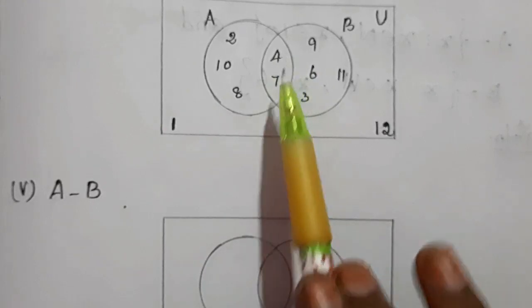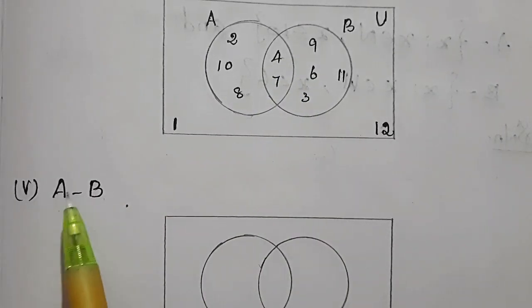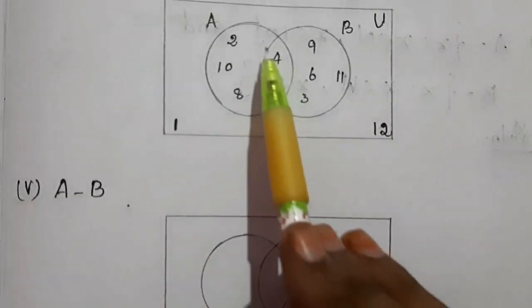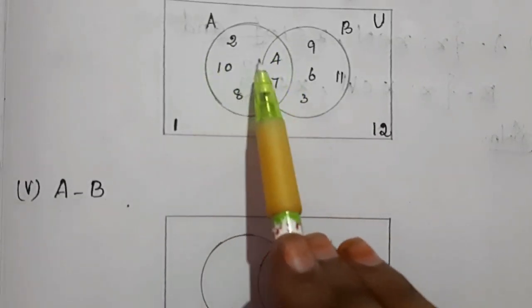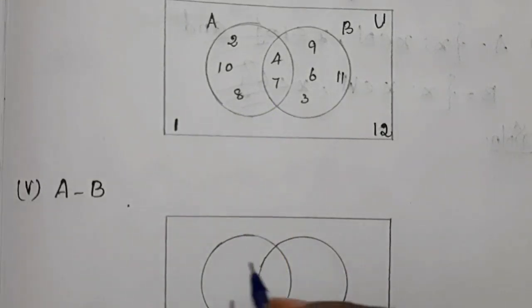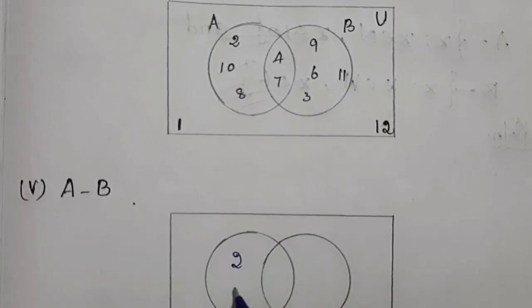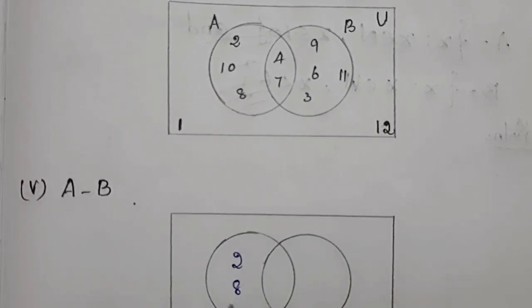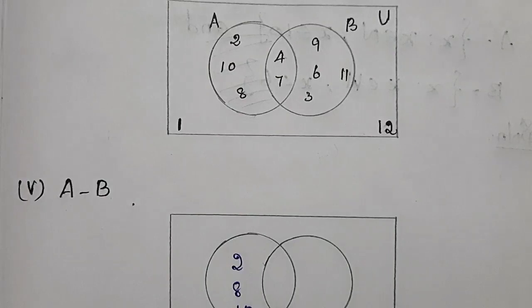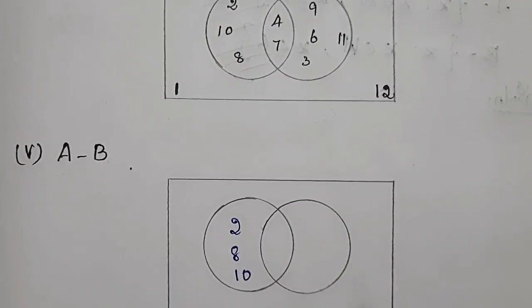We need A minus B. So from set A, you remove B, and only these elements remain. So our A minus B will be 2, 8, 10, otherwise 2, 10, 8. Clear? It is A minus B.